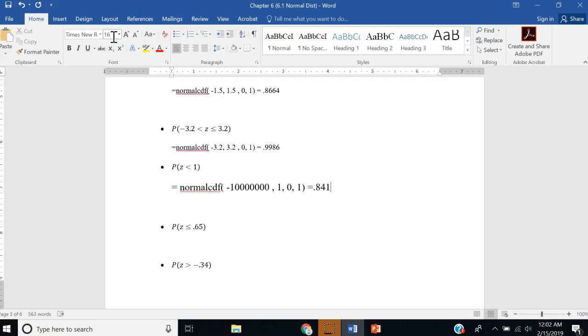So all we're going to do when we have infinities, in this case we had a negative infinity because it went to the left forever. But if we had a positive infinity, we would just use a positive really big number, like 10 million. And so if you put in normal CDF, negative 10 million as the lower bound, upper bound is 1, mean is 0, standard deviation is 1, you get out 0.8413.